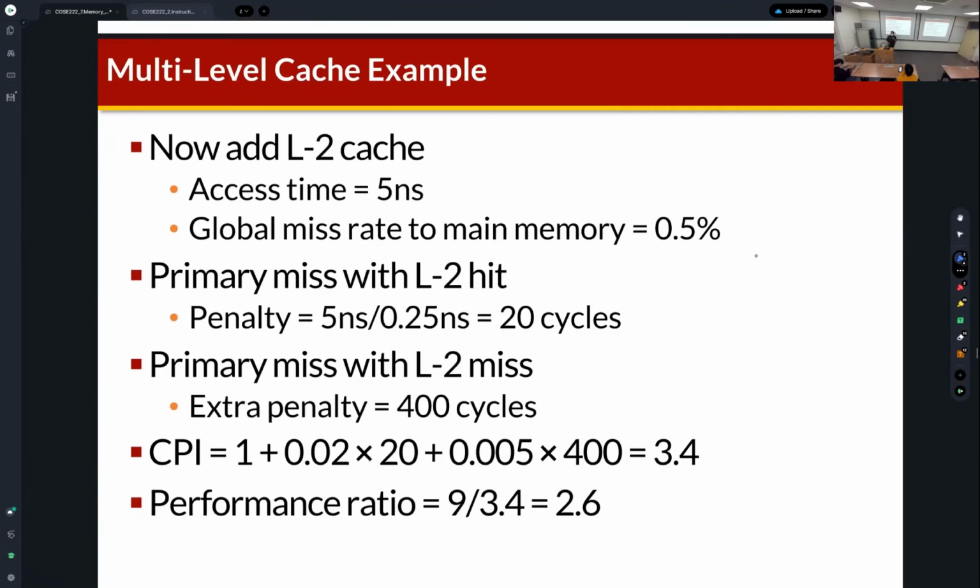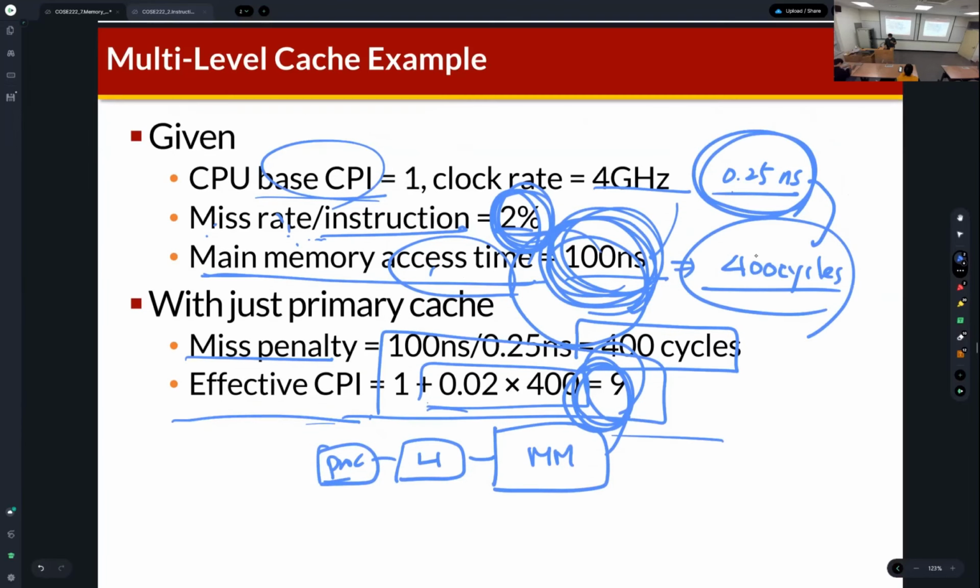Then let us assume that we add an L2 cache, okay? As you can see, the access time of the L2 cache is 5 nanoseconds, so it's slower than the L1. In this example, let us assume that the hit latency of the L1 cache is 1 cycle.